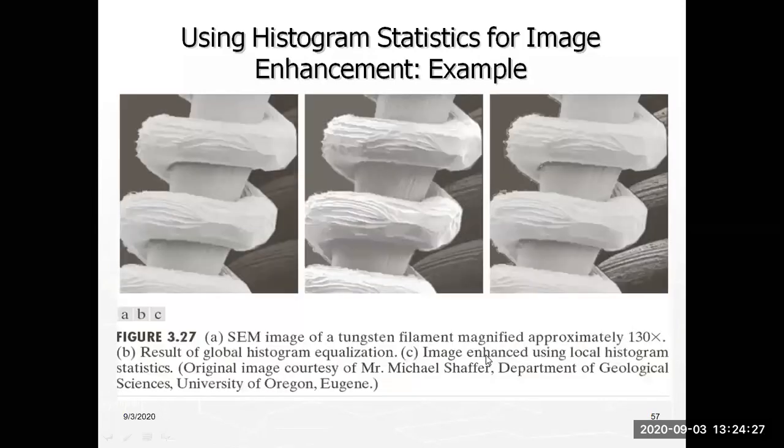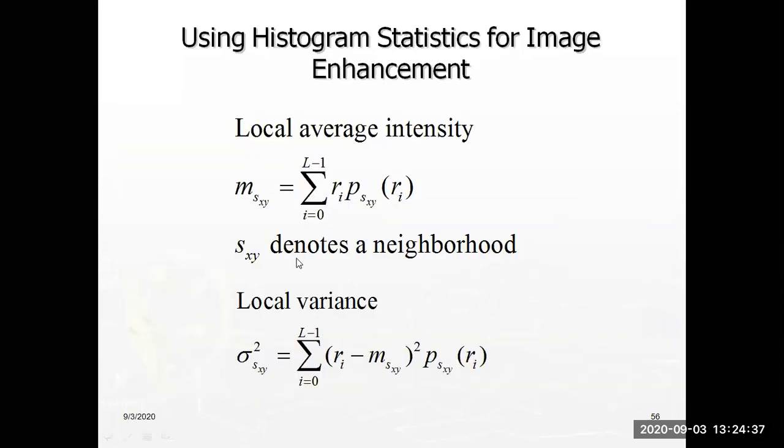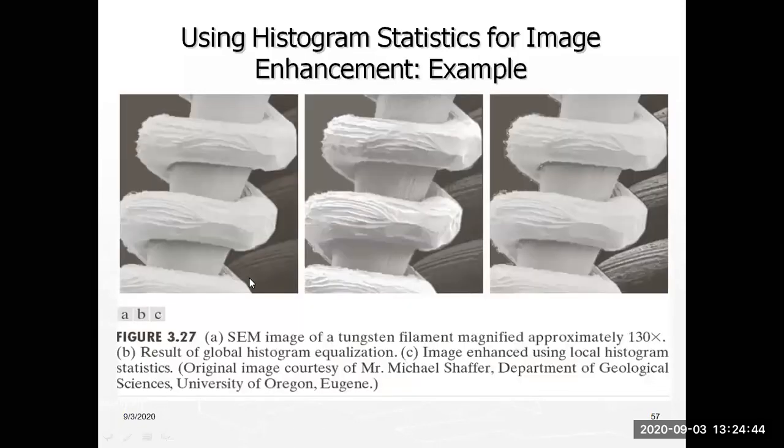So by using these statistics, we generally do enhancement. How is enhancement possible? If you know the mean value m and the variance value, how will the image enhancement take place?